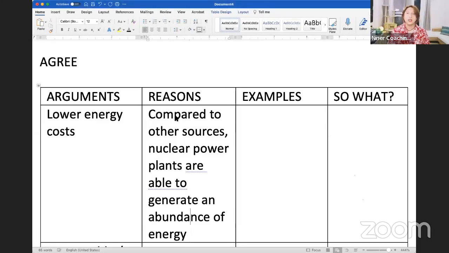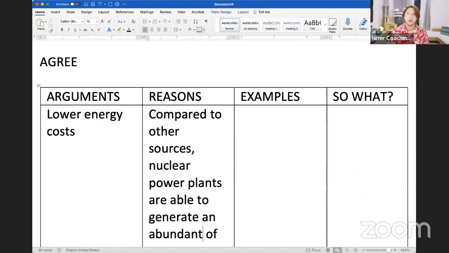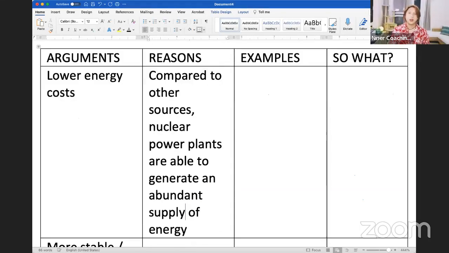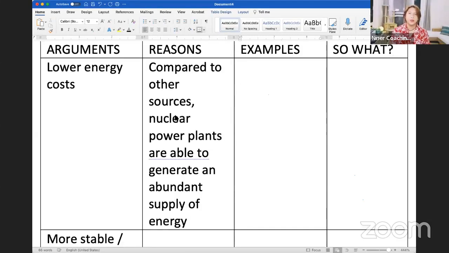So generate an abundant supply of energy, right? Okay. Can you give me some examples of that? What particular energy sources are not able to create so much supply?